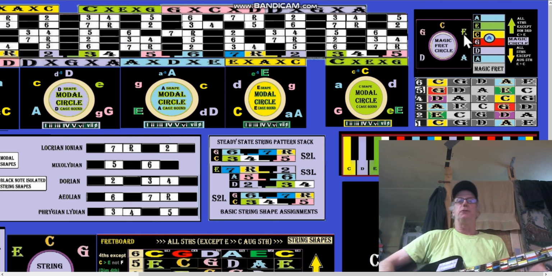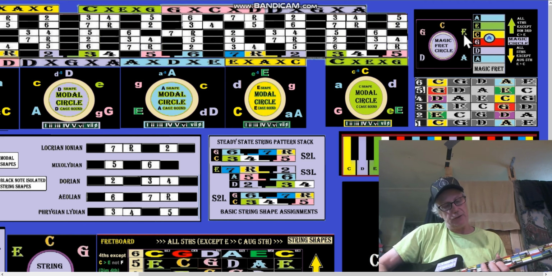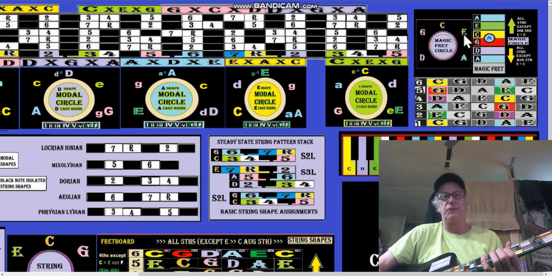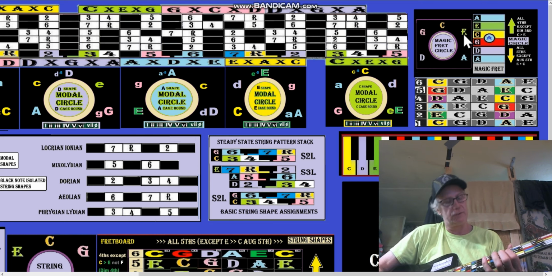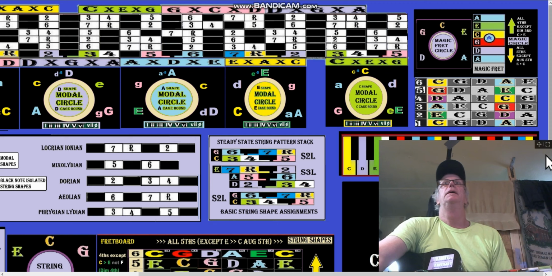So it means if you're doing a solo, and say you're just doing an E shape here, let's try to get down to the 3rd string so we don't have to go so many strings. So say you're doing a C shape here. Now when I say C shape, I'm talking about right here. You see this little C right here?